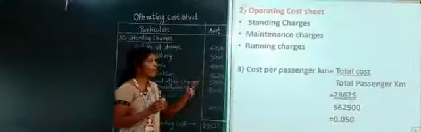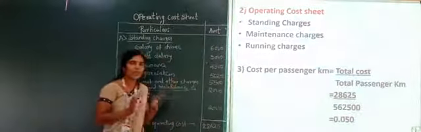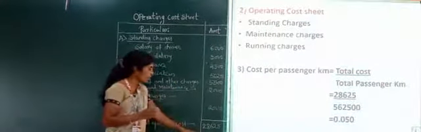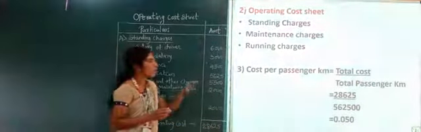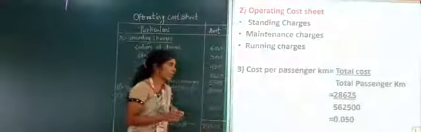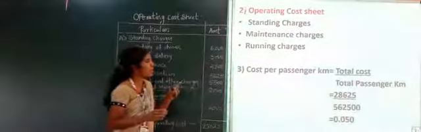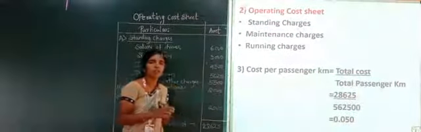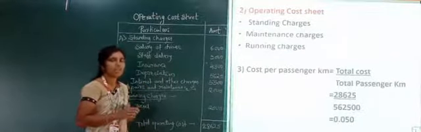Cost per passenger kilometer equals total cost divided by total passenger kilometer. Total cost is 28,625 divided by total passenger kilometer 5,62,500. So we get the cost per passenger kilometer as 0.05. In this way we have to calculate the cost per passenger kilometer.